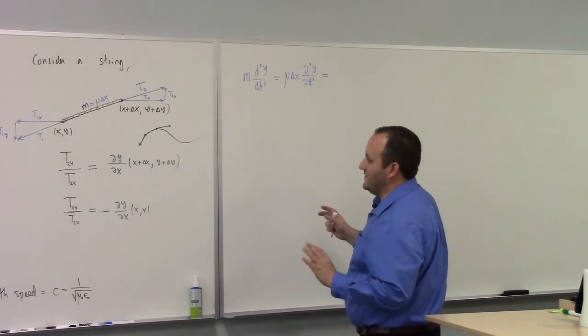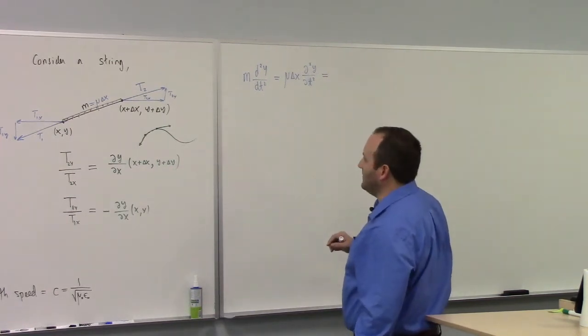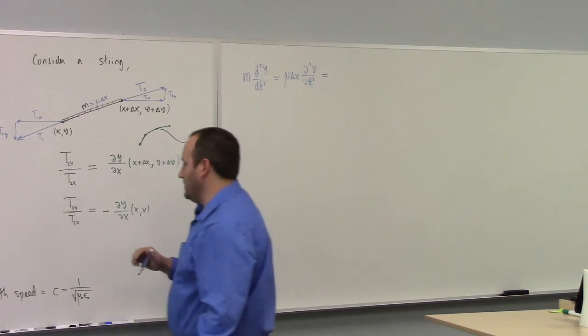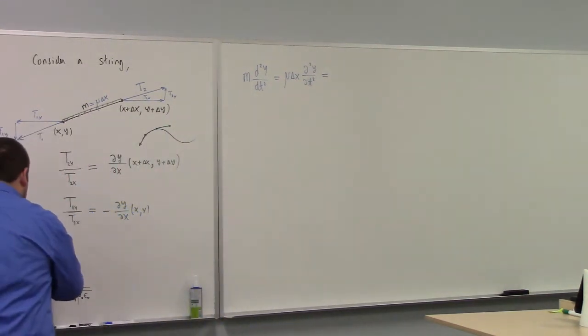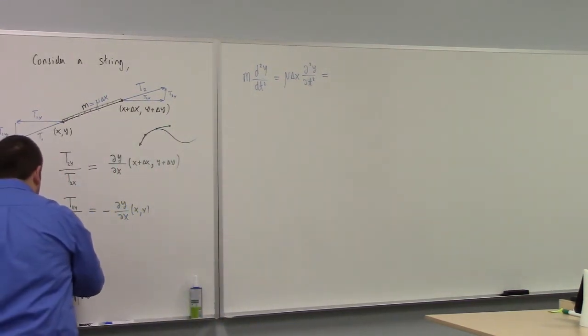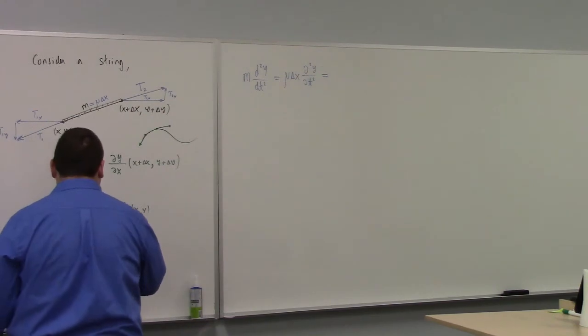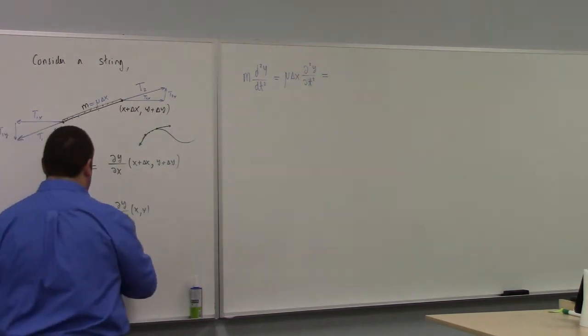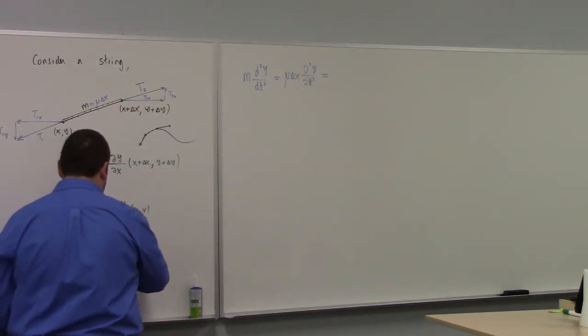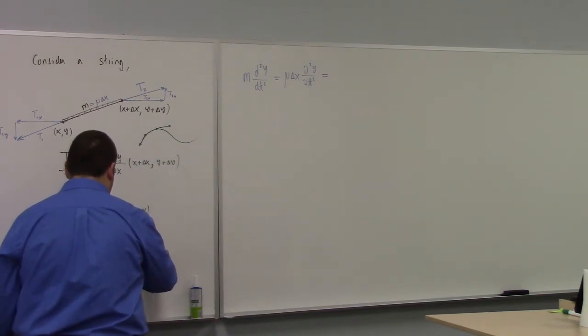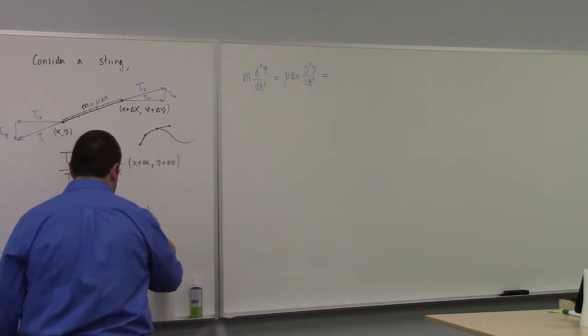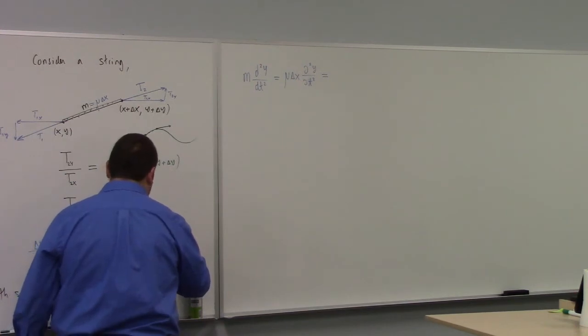There's a simplifying assumption being made here: we're assuming that delta y is pretty small, so it's not being jerked too violently. That means that the length is the square root of delta x squared plus delta y squared, which is a pretty good approximation of delta x.